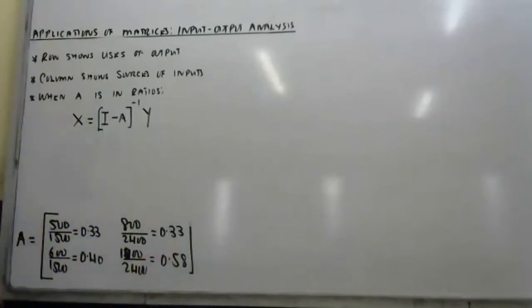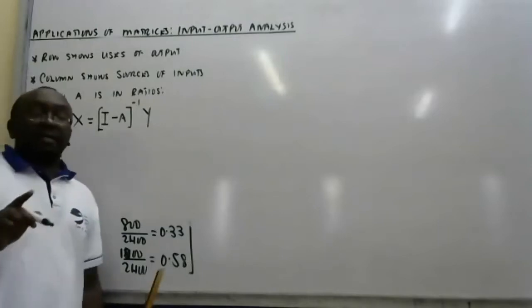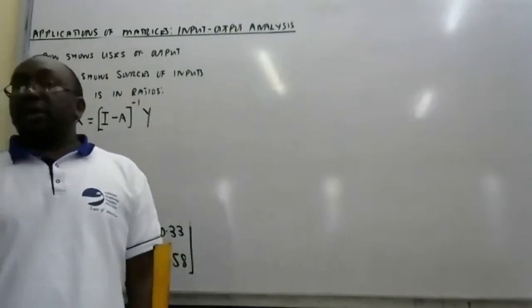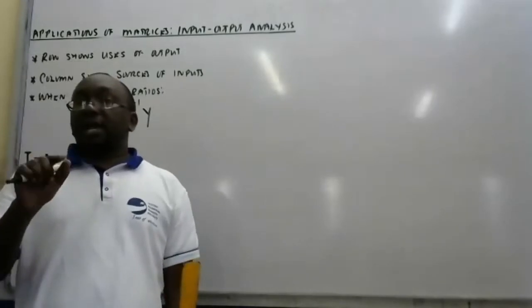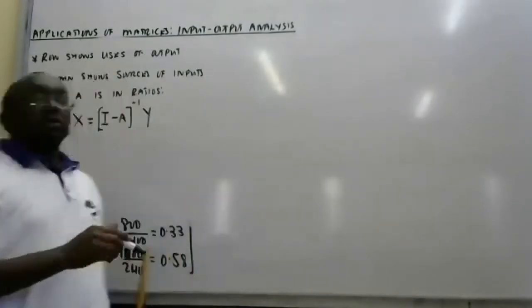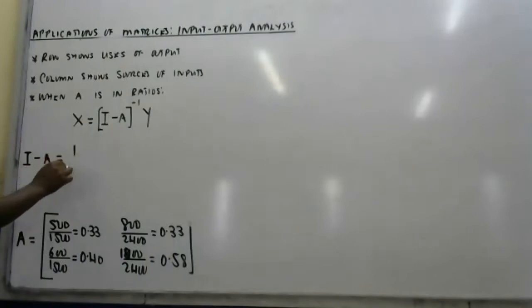Good. So having said that, we can now say I minus A will be equal to, now an identity matrix is a matrix whose major diagonal elements are 1 and the other elements are zeros. So this one will be 1, 0, 0, 1.